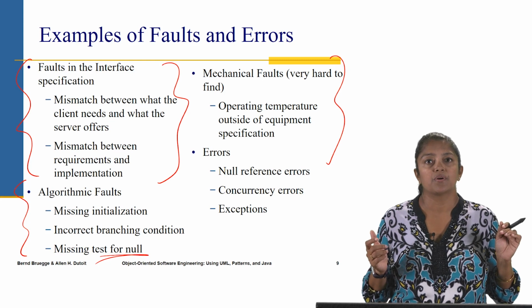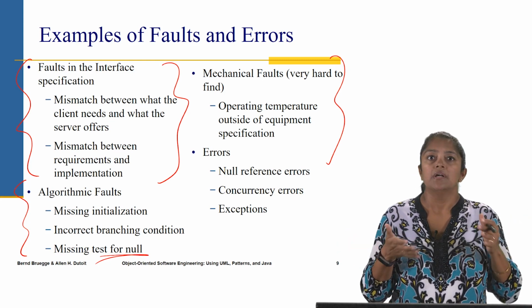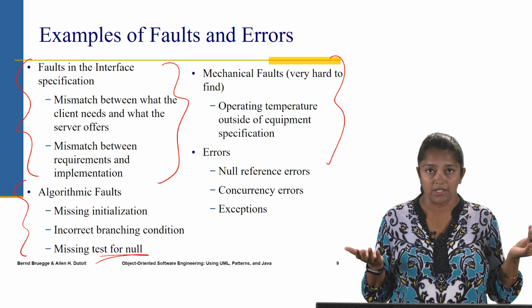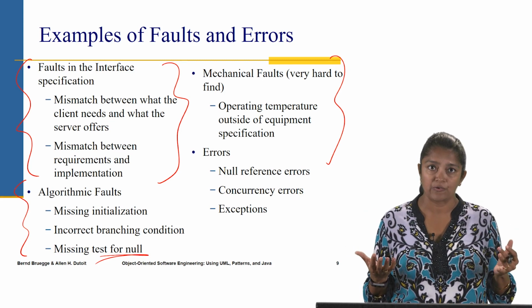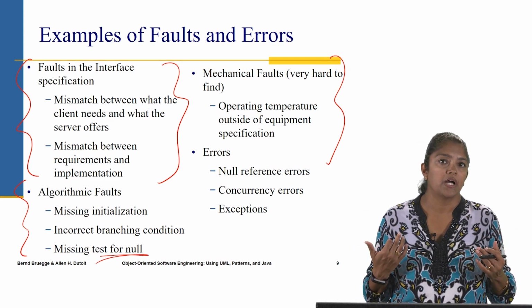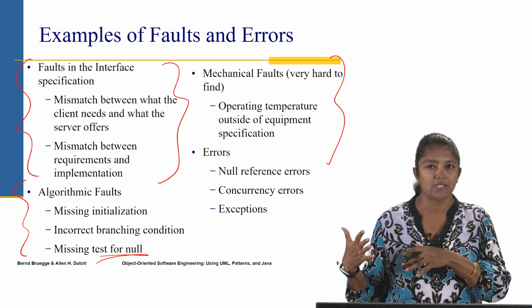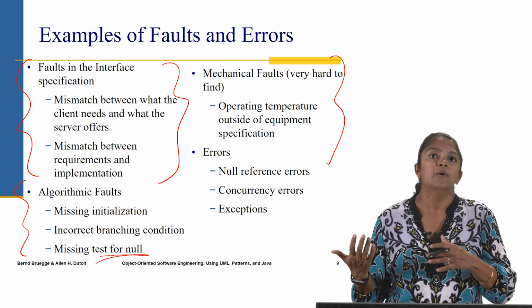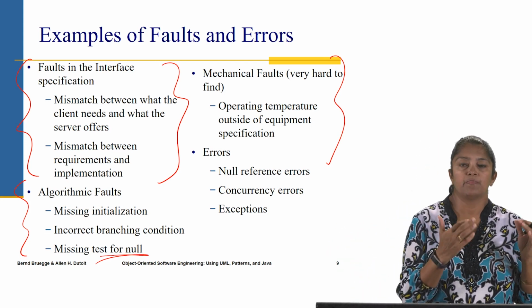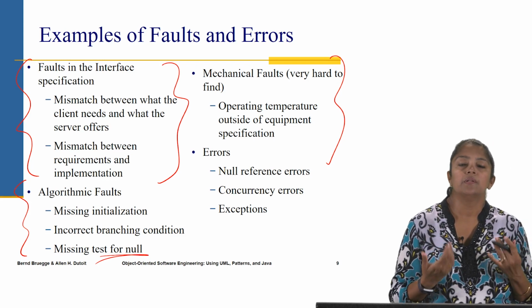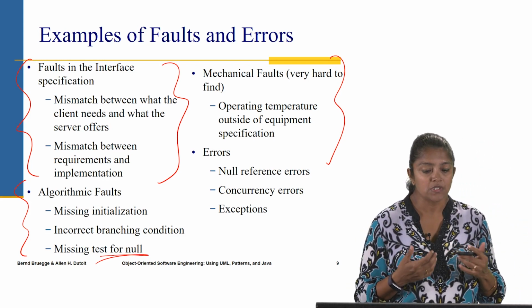If the temperatures go outside that range, then that's a mechanical fault, and it might cause the software to fail. Things of that kind that are beyond the software or the code itself, but related to the mechanics or the hardware, are called mechanical faults.